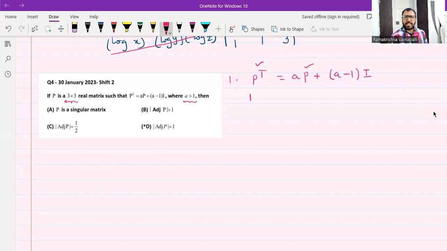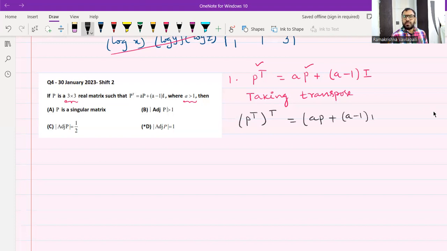So taking transpose on both sides. See here, P transpose whole transpose equals the right side, AP plus A minus 1 into I, whole transpose.